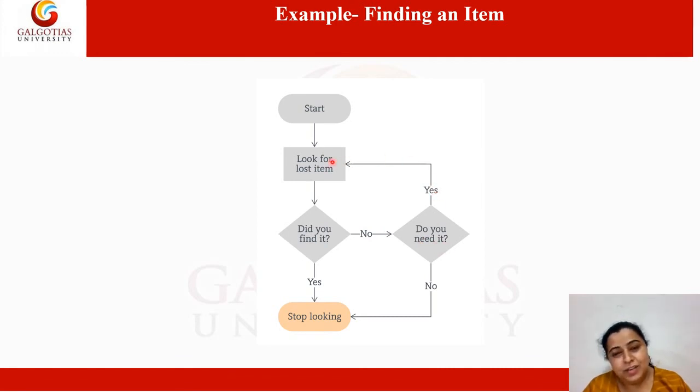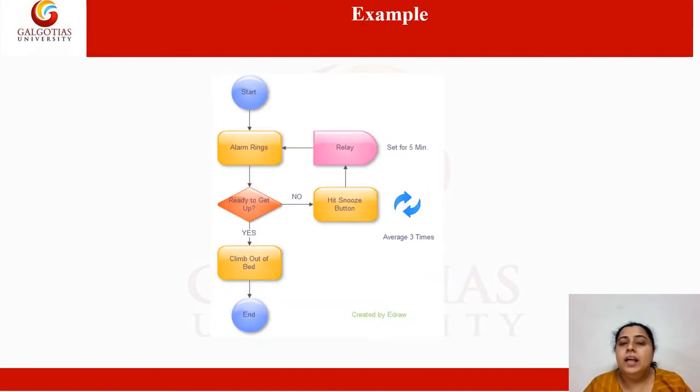This is another example of an alarm, waking up with the help of an alarm. A start and end again are there, right? Now, alarm rings. Ready to get up? If it's yes, then you need to climb out of the bed. If no, you need to hit the snooze button.